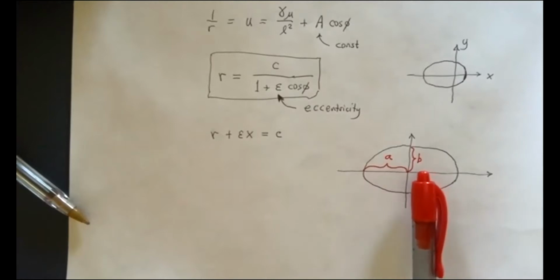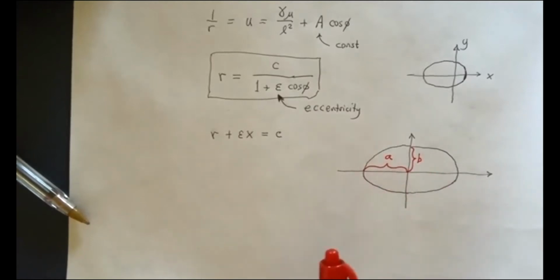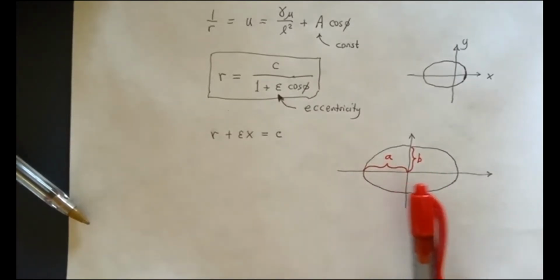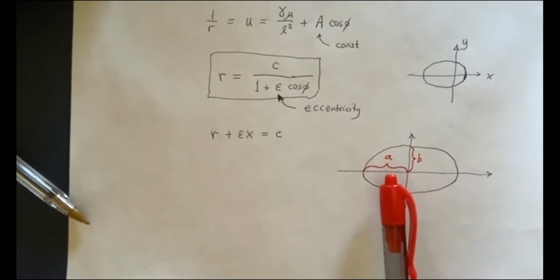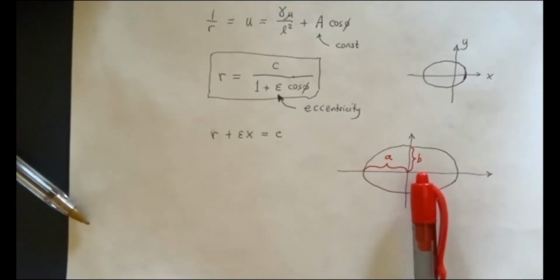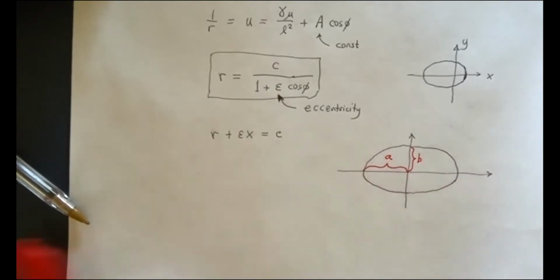It is independent of b. And furthermore, we have Kepler's third law. We're going to show that the period, the time it takes to go around once, squared, is proportional to the cube of a, and again independent of b. We'll see that b depends on the angular momentum. So the total mechanical energy is independent of b and the period is independent of b. We have these nice relationships.